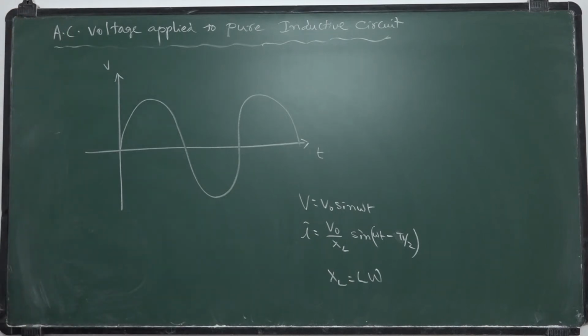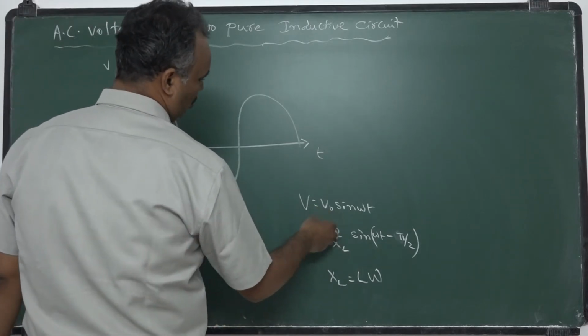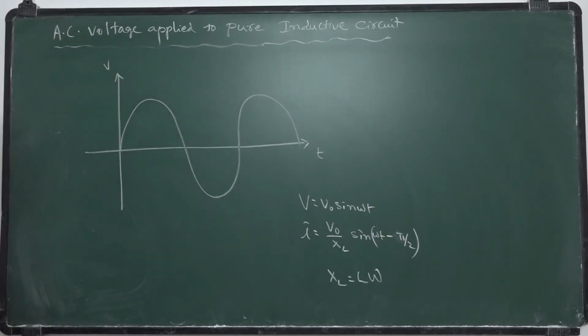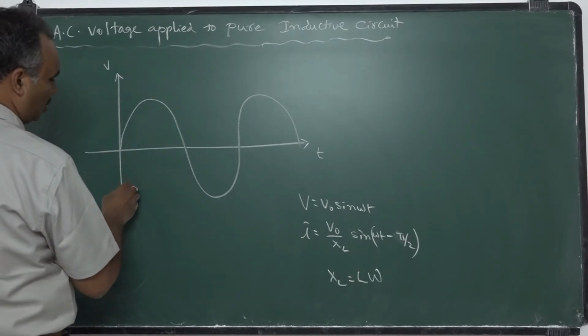So the graph of current should have the amplitude lesser than this, and there should be some phase difference. The current should have pi by 2 phase lag when compared to voltage. That's why when it is 0, it is still at a negative position.